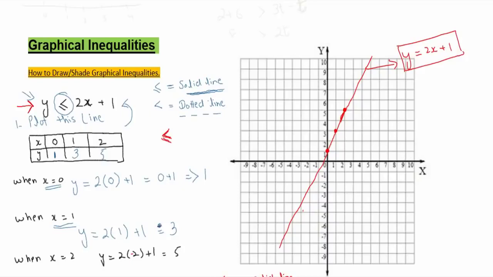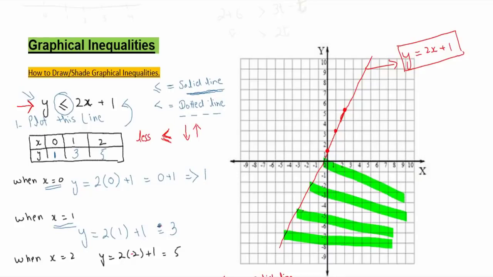When I think about this inequality, less than indicates which region should be shaded. Should the lower region be shaded or the upper region? When I read it, the inequality is less than. So less means that the lesser values or the downward values would be shaded. So I am going to shade the region below this line.